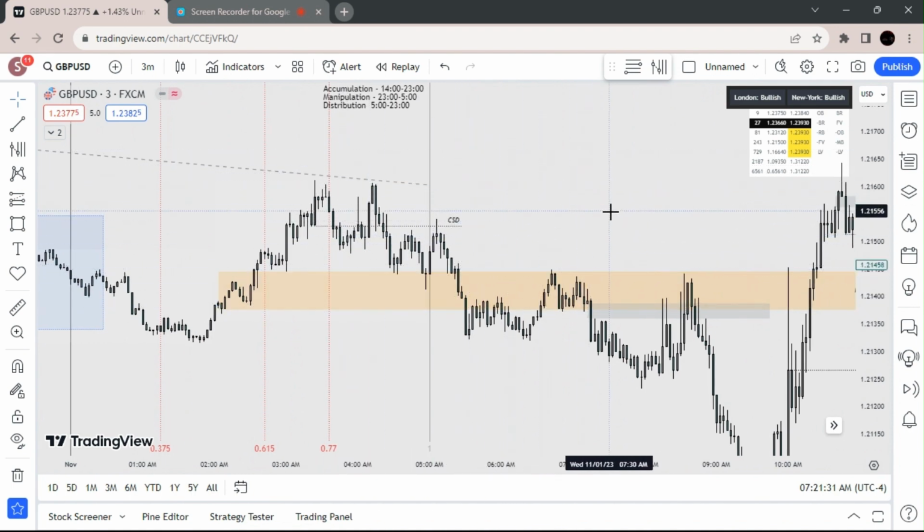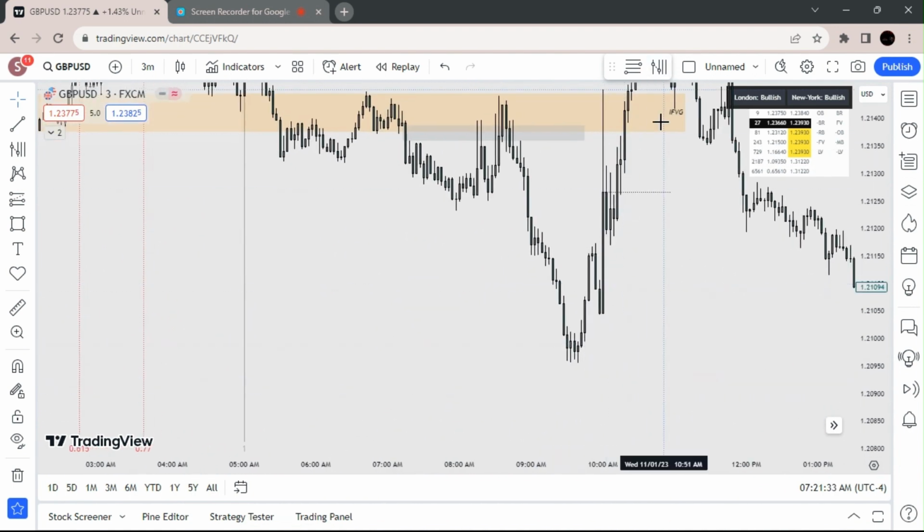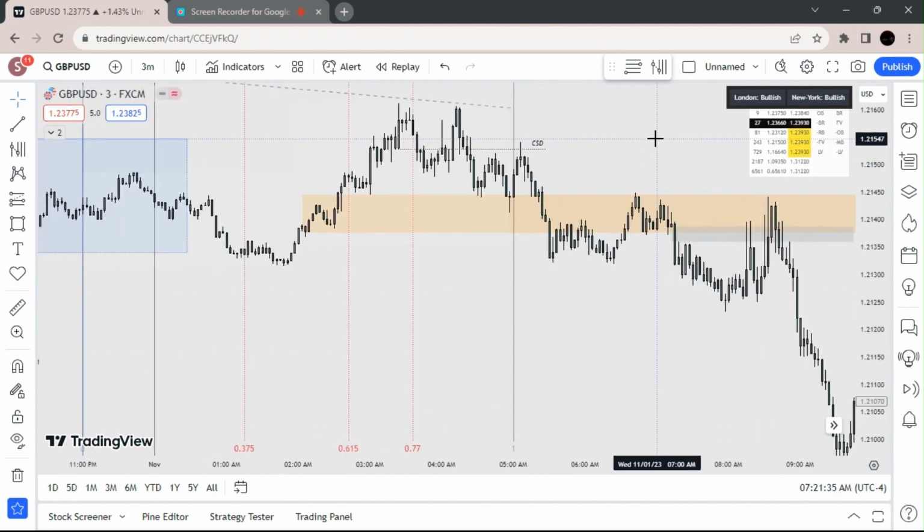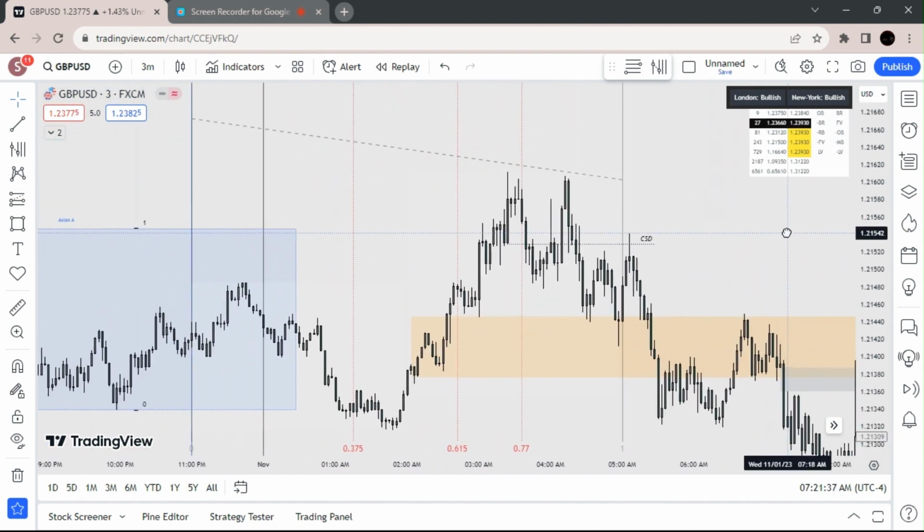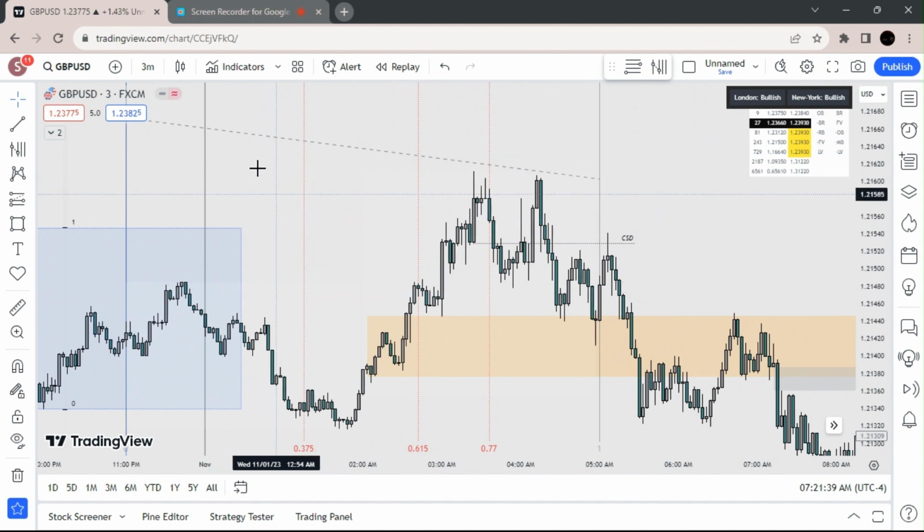As you could see here, our distribution session is bearish until the news drives it up. But what I want to go over is how each is accumulation, manipulation, and then distribution.